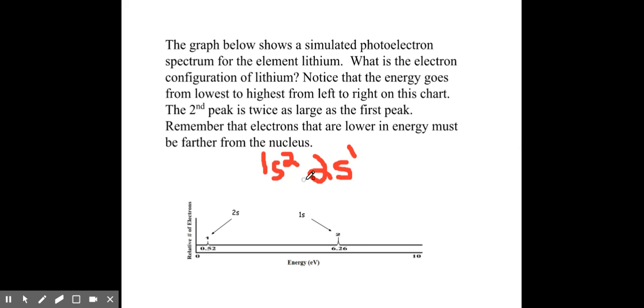Sorry about my messy handwriting, but notice here that this represents the 1s peak, and there are 2 electrons in it. So see that the intensity is 2, so there's 2 electrons. And then this is the 2s peak, and the intensity is 1, so there's 1. That's basically all you need to do. You can identify the element just based on the peaks.